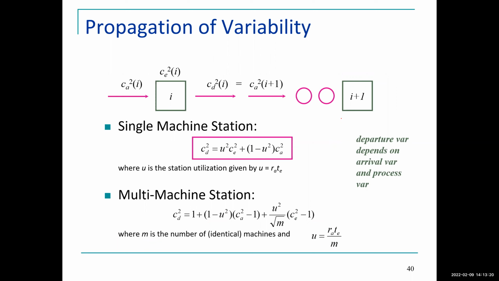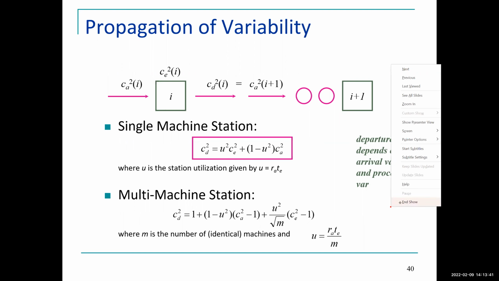So propagation of variability, you're looking at a single machine station here and a multi-machine station at the bottom. So what we are illustrating here is, should we just go back to our definition.